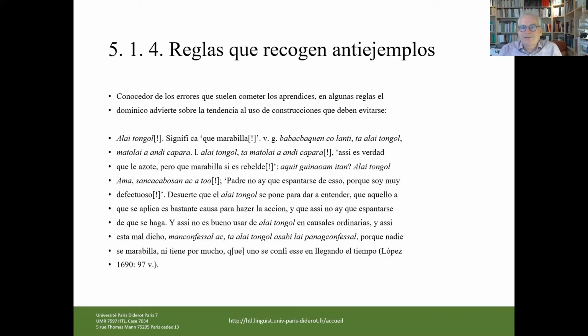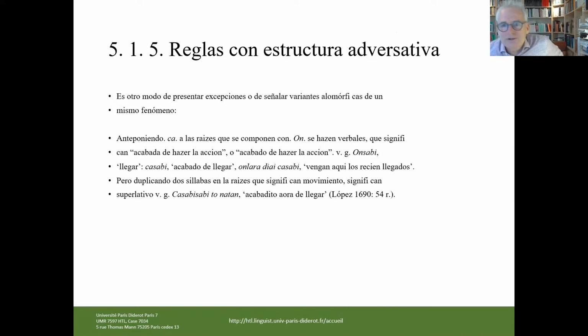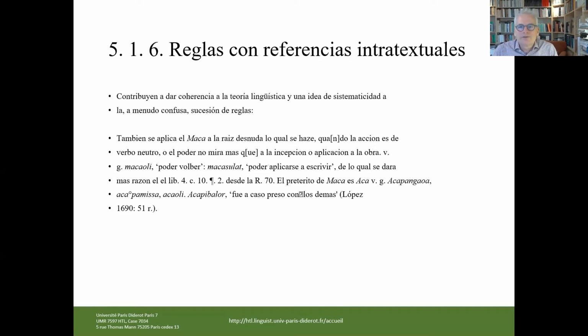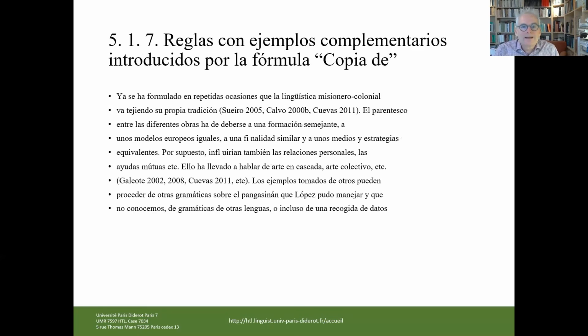Reglas que recogen anti-ejemplos, you have also examples and also anti-ejemplos, okay, contra-ejemplo. Reglas con estructura adversativa, this is that, but there is something else. You find this kind of type, another type of regla. Reglas con referencias intratextuales, and reglas con ejemplos complementarios, copia de.